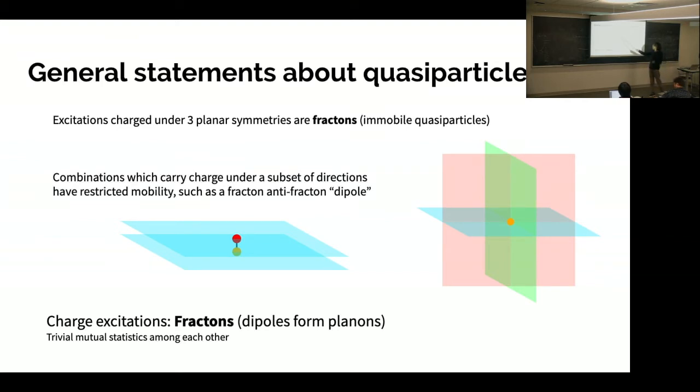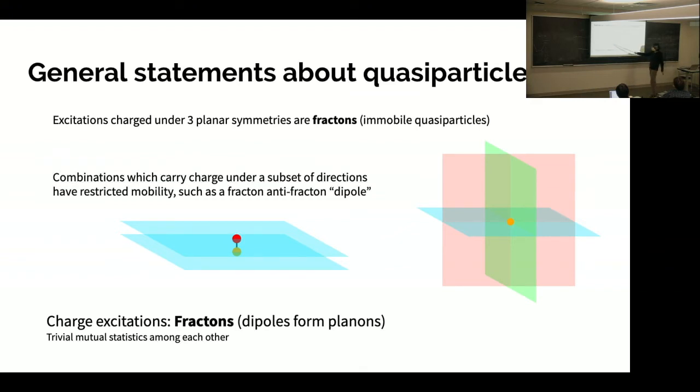What we know, first of all, is that excitations that carry charge under subsystem symmetries must be fractons. So if you have some quasiparticle excitation here that carries charge under this planar symmetry and this planar symmetry, then just by conservation of charge, it can't move without creating some charge-anticharge pairs and other excitations. It basically is stuck here.